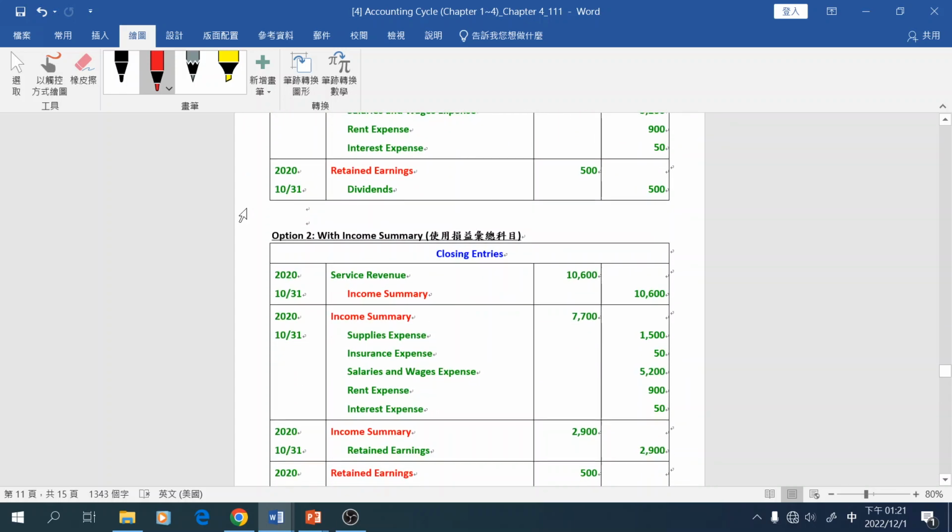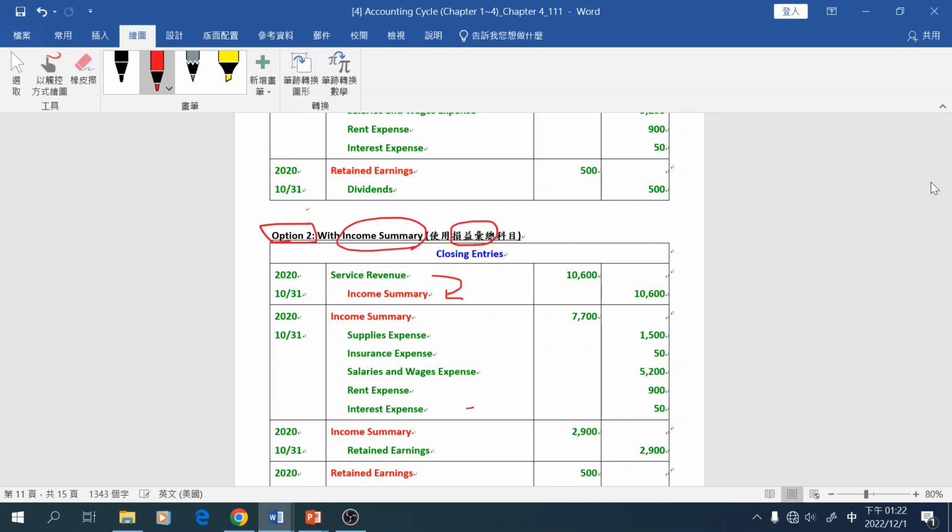But on page 11, I show you option 2. So what does that mean, option 2? You could use the income summary 损益汇总 account. Depends on you. If you decide to use the income summary account, then you will transfer revenue to income summary first.